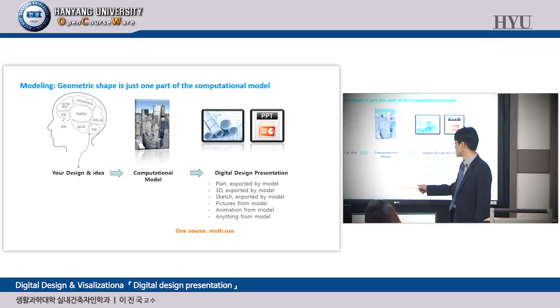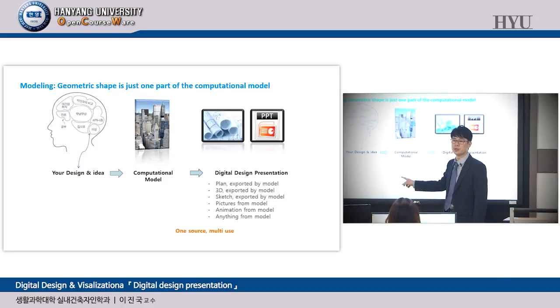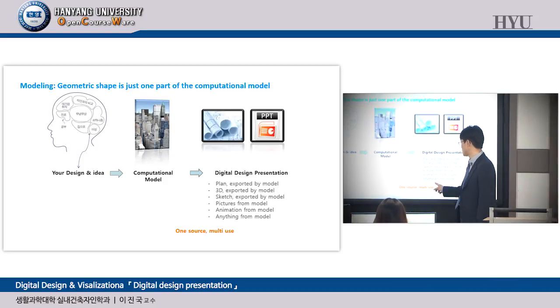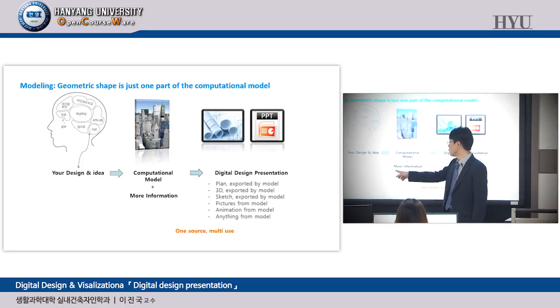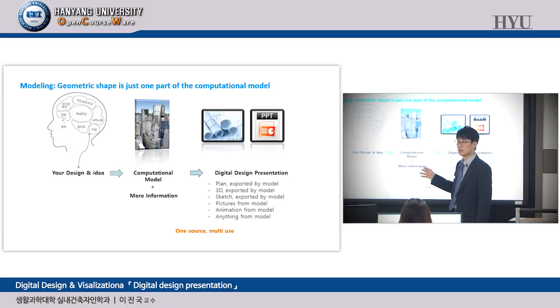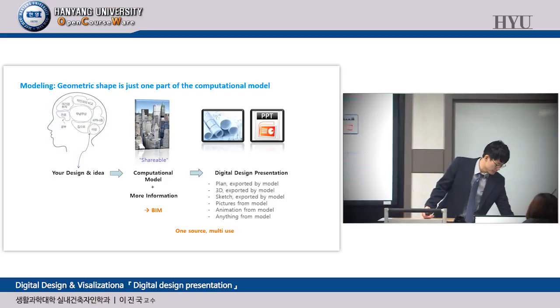But if you use one source, meaning your well-defined computational model, multi-use means lots of digital design representation, presentation, visualizations. If you add more information about that building, that is the so-called building information model, building information modeling, okay?